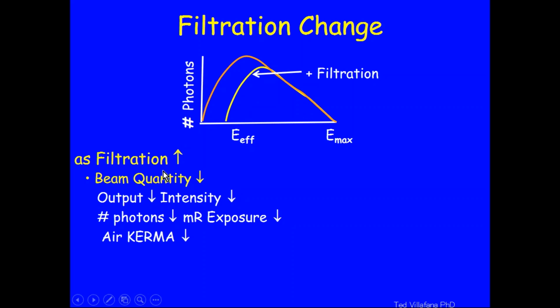First of all, notice there are fewer photons, right? Well, that's what a filter does. A filter filters out photons, so that the outputs go down, the air currents go down, etc. Now, notice, however, a very important statement. Yes, there is removal of photons, but it's preferentially at the low energies. It's the low energy photons that are more likely to be absorbed rather than the higher energy photons. Well, that's intuitive, isn't it? High energy photons tend to go right through given materials.